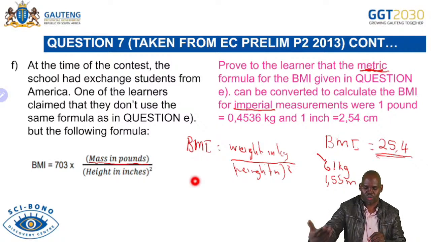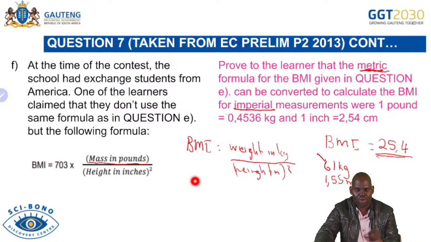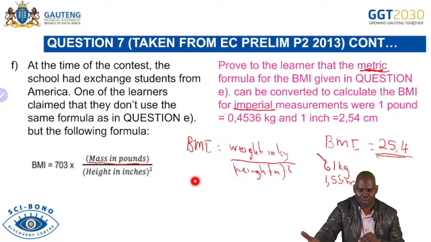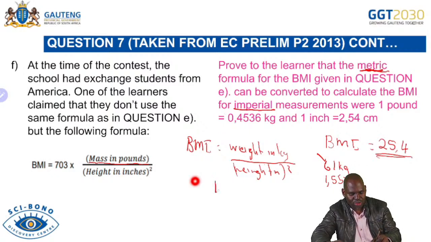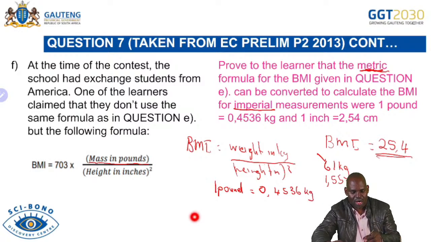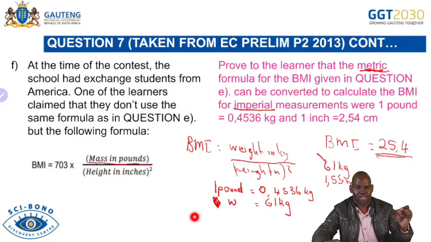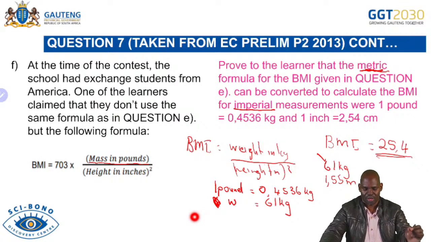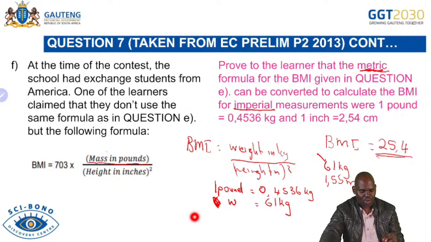How do you convert 61 kilograms to pounds? Using the cross multiplication method, 1 pound we know equals 0.4536 kilograms. And then we want to know about 61 kilograms. Let's say it's M for the mass in pounds.